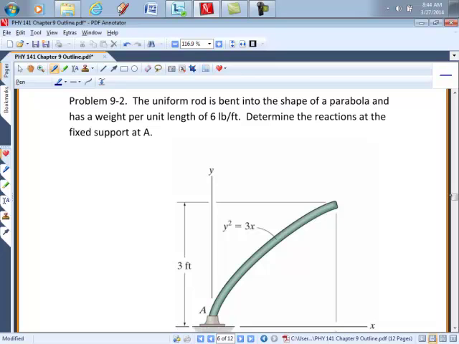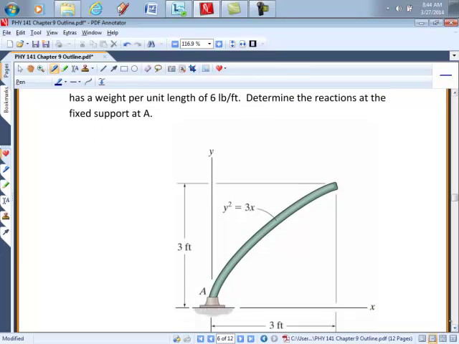Determine the reactions at the fixed support of A. So, first of all, what components of reaction can we have at the fixed support of A? Right, we can have two components of force and a moment. It's a fixed support, so it takes away all of the degrees of freedom.